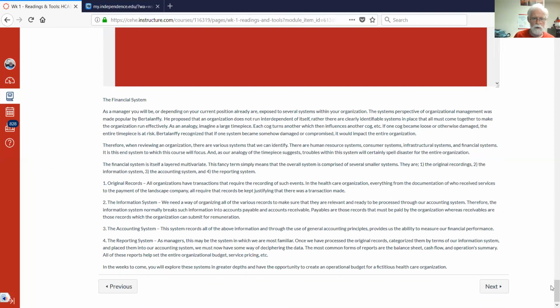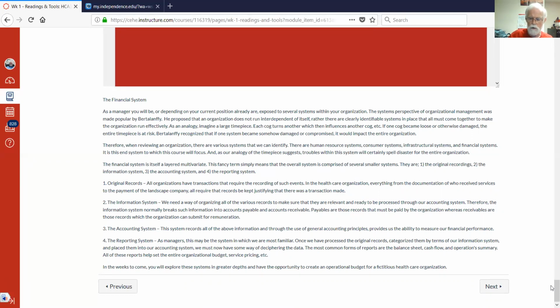Systems management is part of the organizational management stream that is used by most organizations. The systems approach or perspective is really based on the idea that unless you are a one-person operation, you have multiple systems in place.